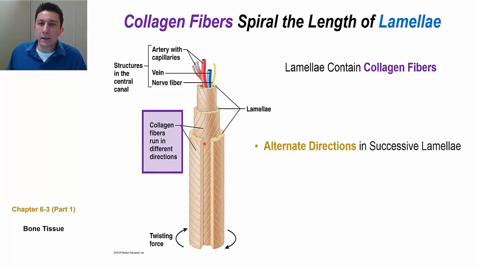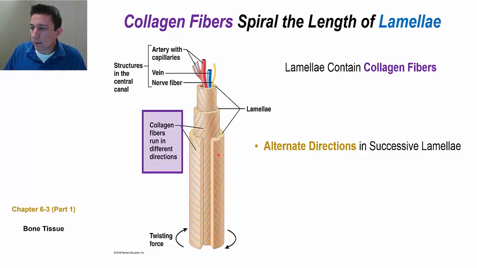So why do they alternate directions? What purpose does it serve to switch directions in every other lamella within that osteon? If you recall, collagen fibers make a really good rope in that they resist tensile or pulling forces very well.